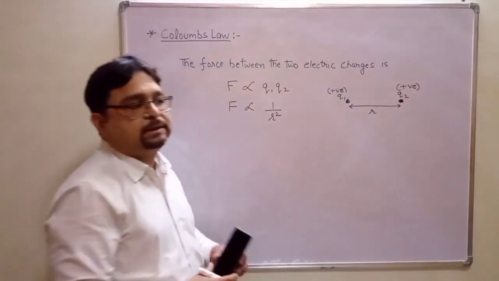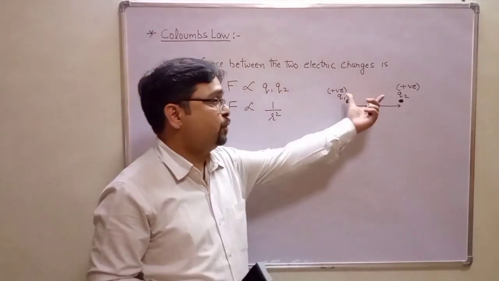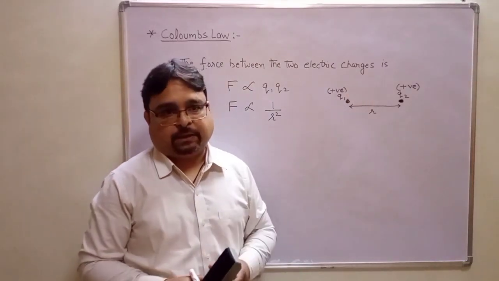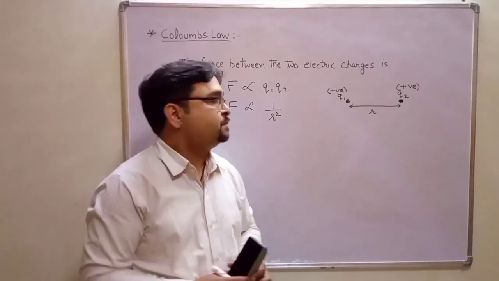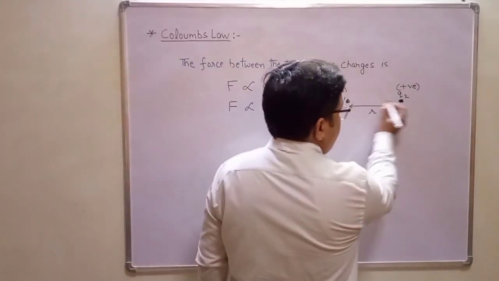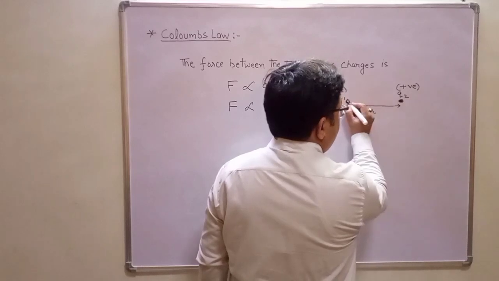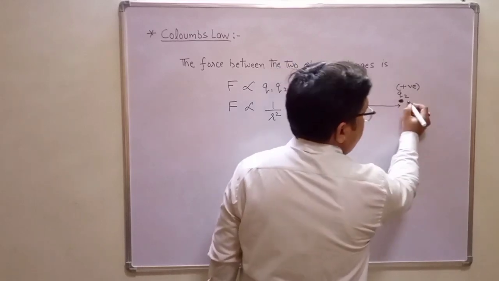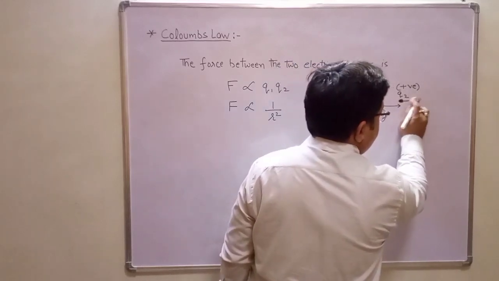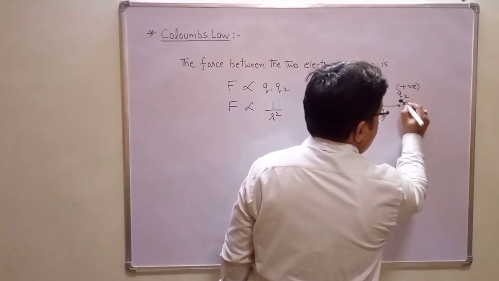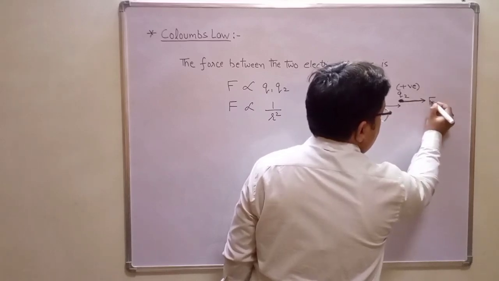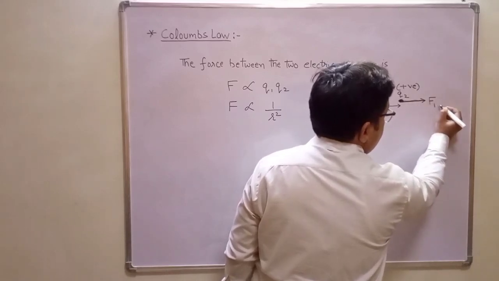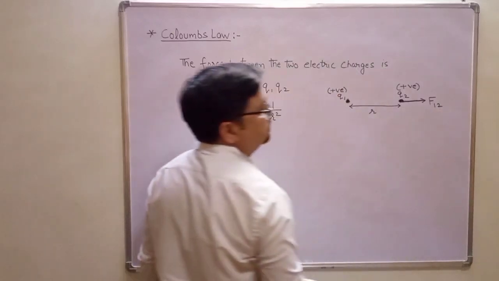We know that charges of the same polarity always repel each other, and charges of opposite polarity attract each other. So here the force on Q2 due to Q1 will be in this direction. It will repel, it will be away. So this will be the force on charge 1 because of charge 2.